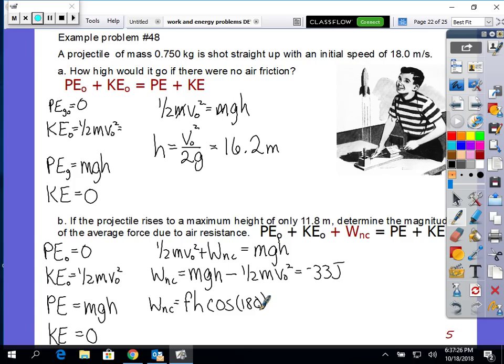So the force is going to be negative work non-conservative divided by h, which is negative 33 divided by, or negative times negative, or positive, divided by 11.8. And I'm going to plug that in my calculator real quick. 2.8 newtons.